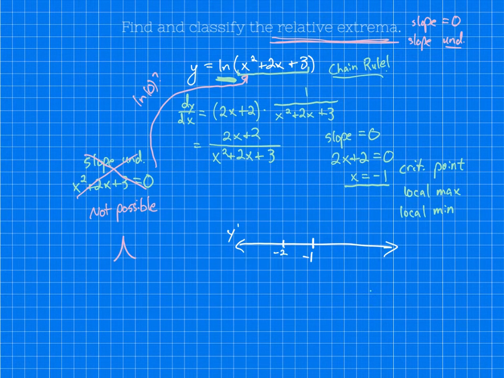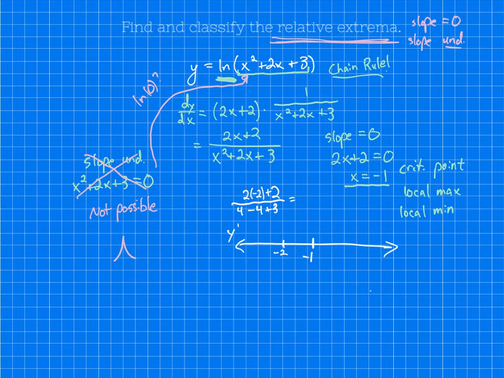Let's say -2. So if I plug -2 into the derivative, I get 2 times -2 plus 2 over -2 squared, which is 4, minus 4, because 2 times -2 is -4, plus 3.